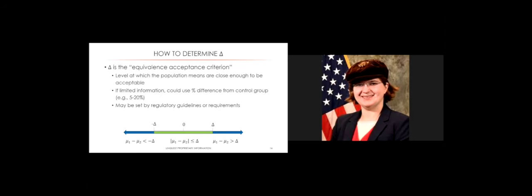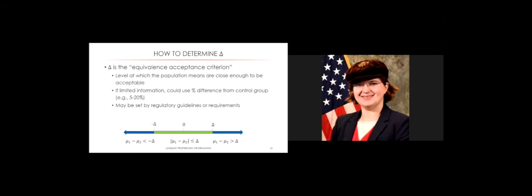In the FDA, if you're going to compare drugs and do equivalence testing, there actually are regulatory guidelines for comparing 2 drugs on efficacy and toxicity and those types of things. But for industry and DoD applications, there aren't any regulatory guidelines for this, so you have to rely on subject matter expertise.